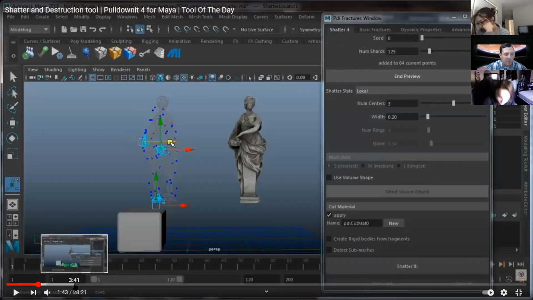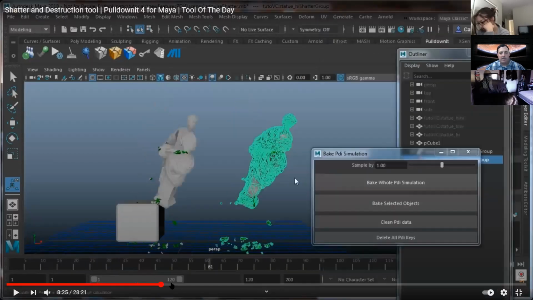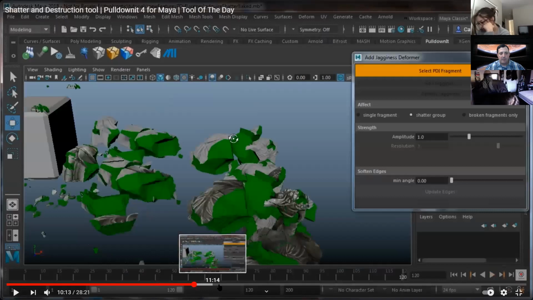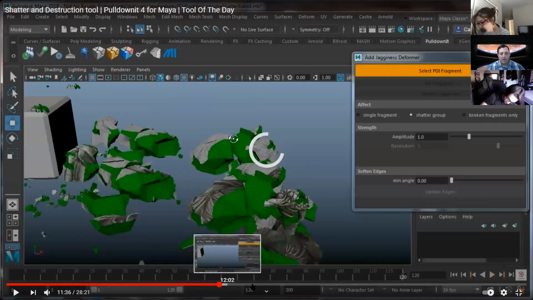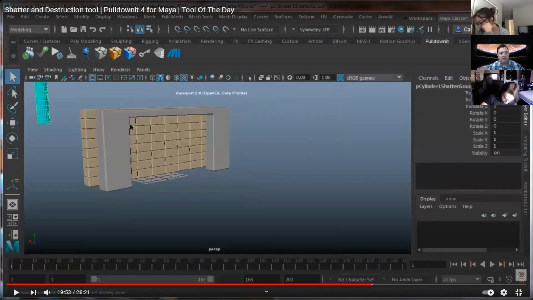So the reason I'm showing you this is that it gives you an idea of how pieces break apart. There's some videos where they do this in the film industry. Like when a wall gets hit like this, you don't realize how many pieces make up that wall.